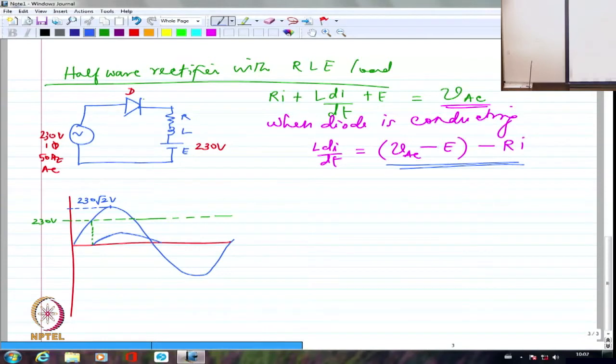So I want you guys to complete this exercise. Please draw the waveforms of VL, that is the shaded portion, and you try to get what is IR, and then you try to get what is VAC minus E minus IR. That will give you what is the inductance stored energy portion and what is retrieved. Please look at both of them.